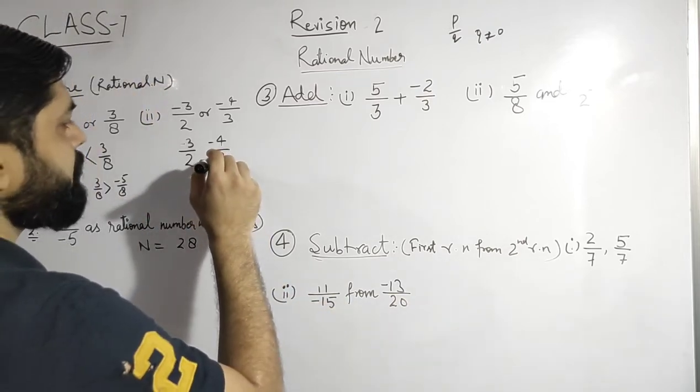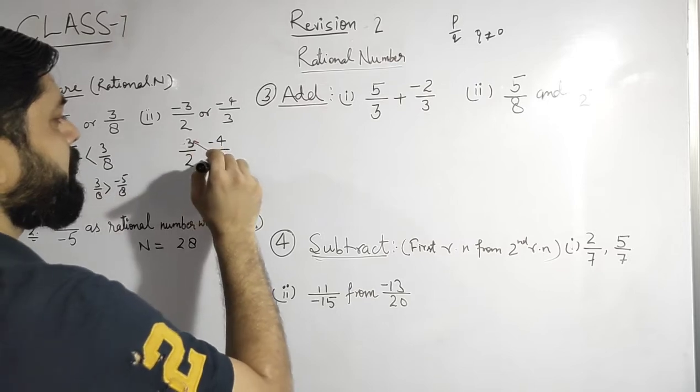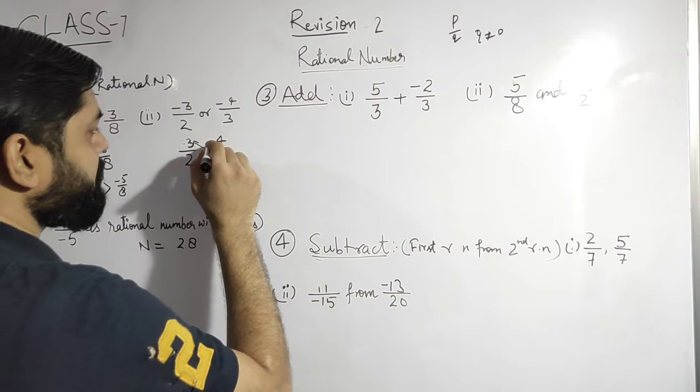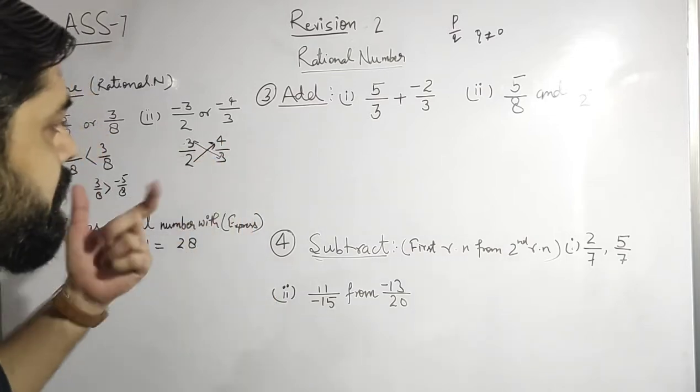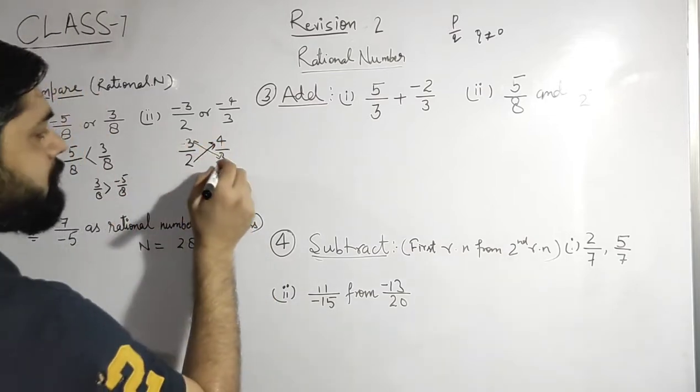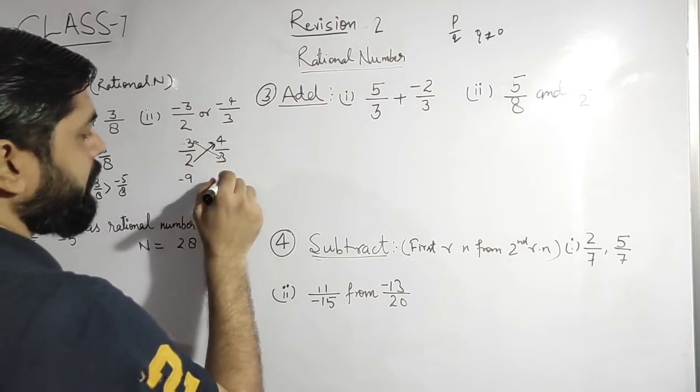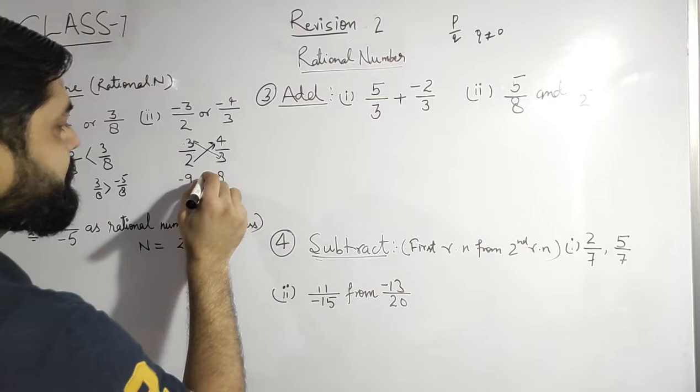In cross multiplication, the second denominator is multiplied by the first numerator and the first denominator is multiplied by the second numerator. Now 3 times 3 is 9, so minus 9. 2 times 4 is 8, so minus 8.